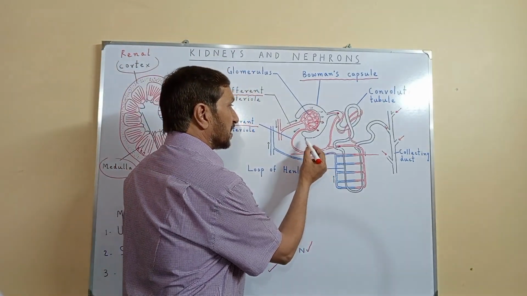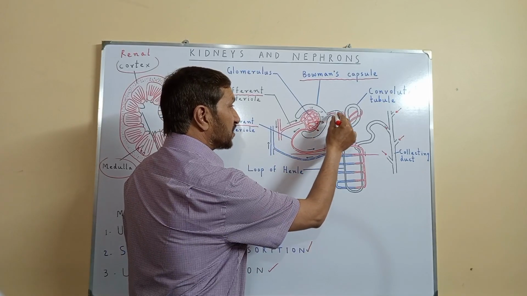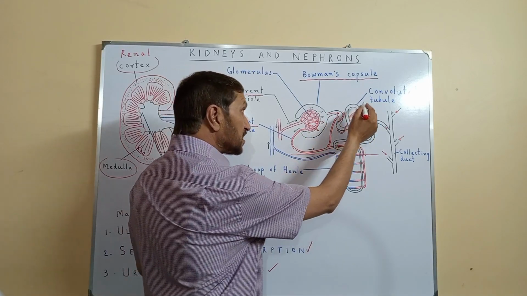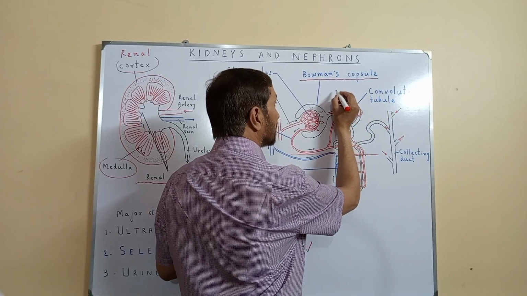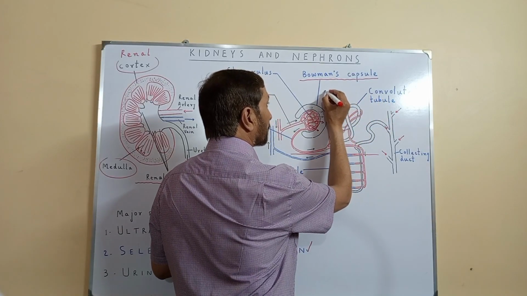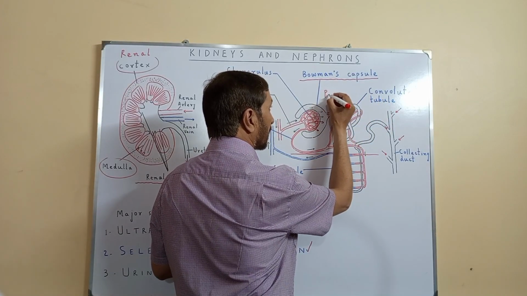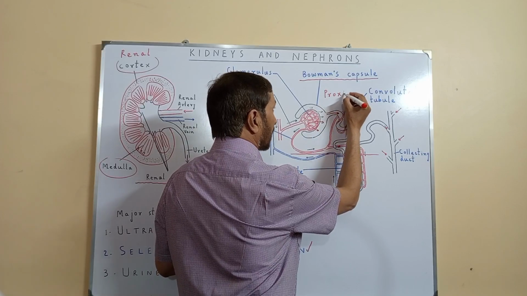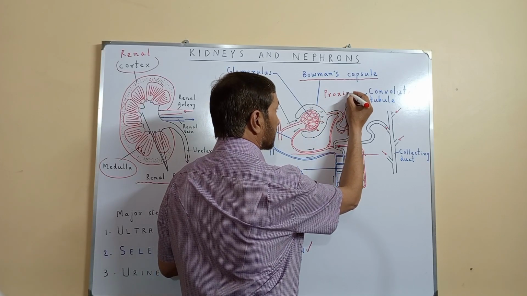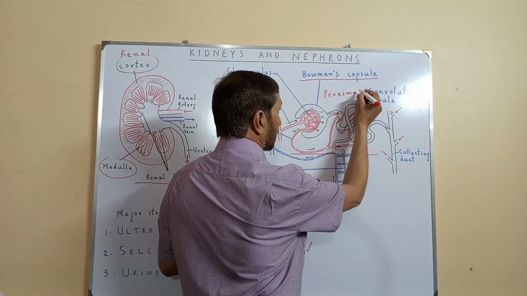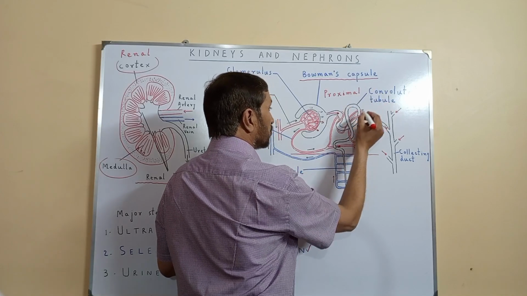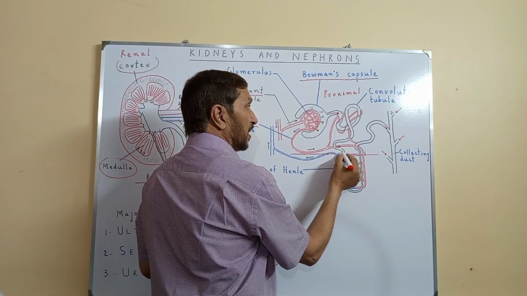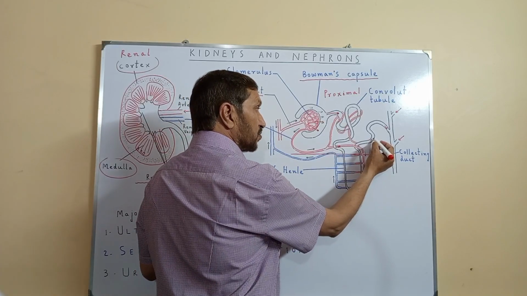Here we can see that when the filtrate is passing through the convoluted tubule, this part of the convoluted tubule is also called proximal. It means the tubule which is present in the beginning, the proximal convoluted tubule, and this is the distal convoluted tubule.